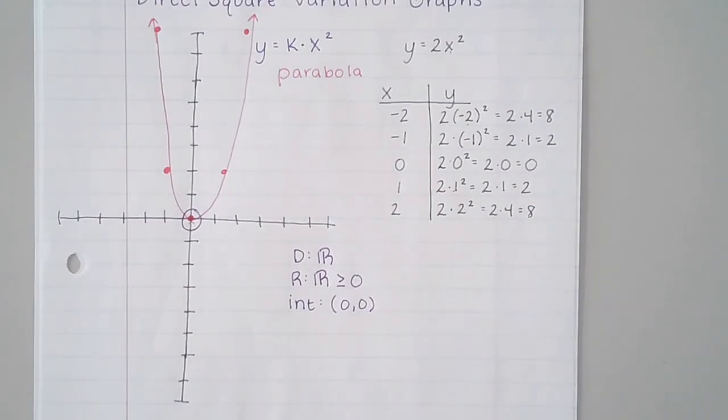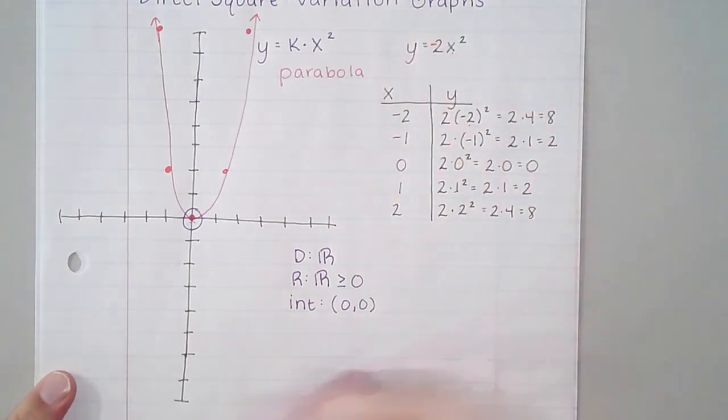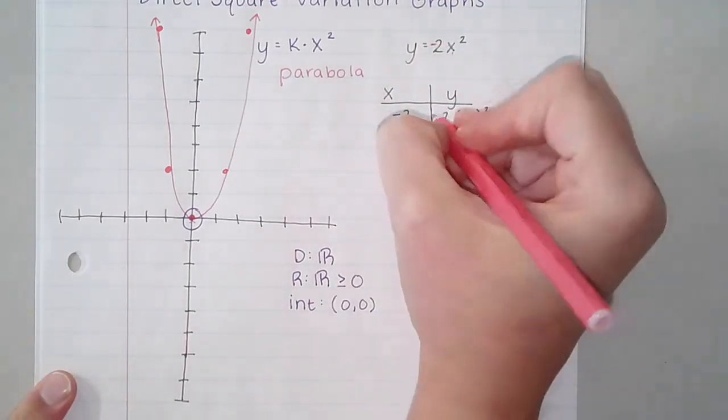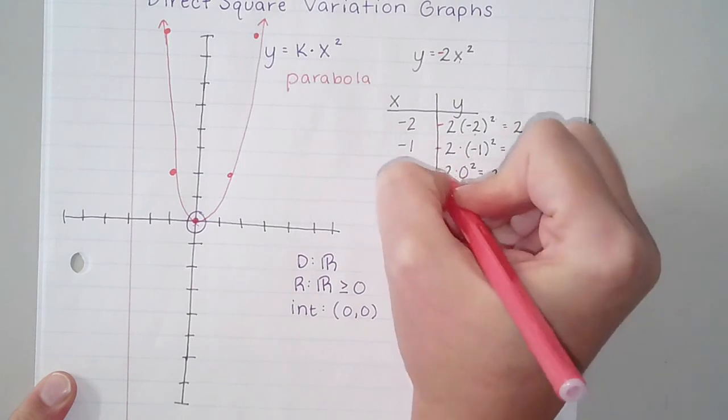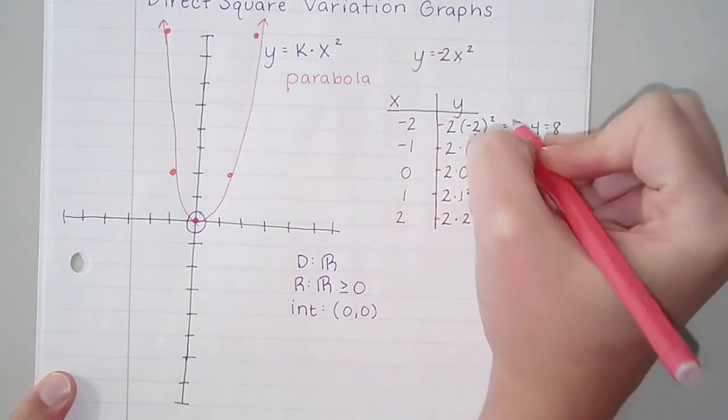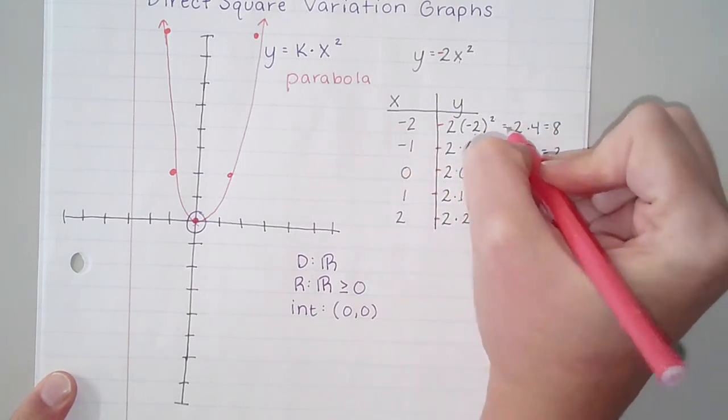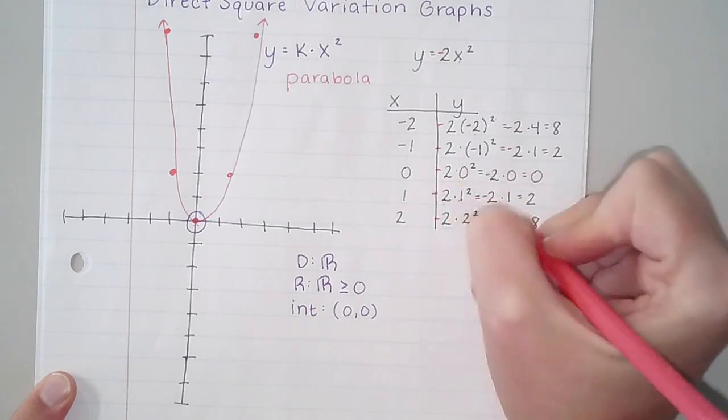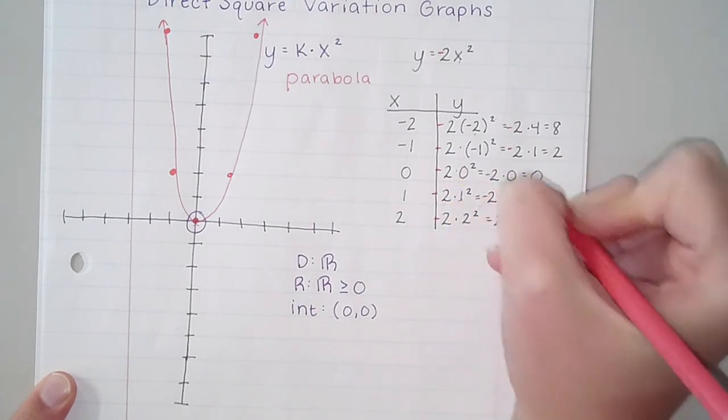Now let's think about what happens if I make my k value negative. And I think I can sketch this really quickly here for you. If I made my k value negative, down here in the table, all of these 2's would become negative when I multiply. And so what that's going to do is make all of my answers come out negative.